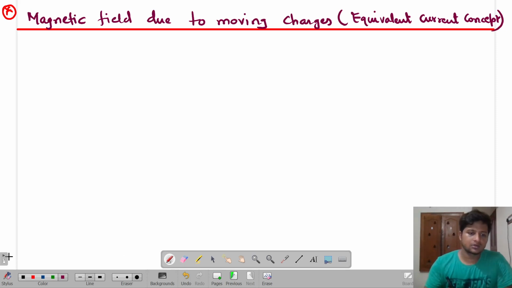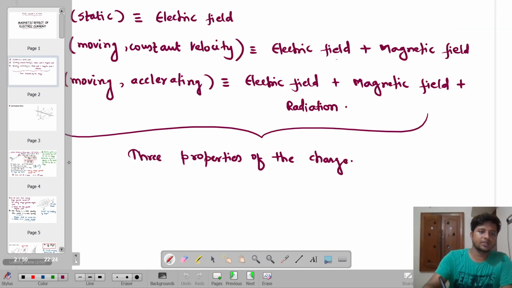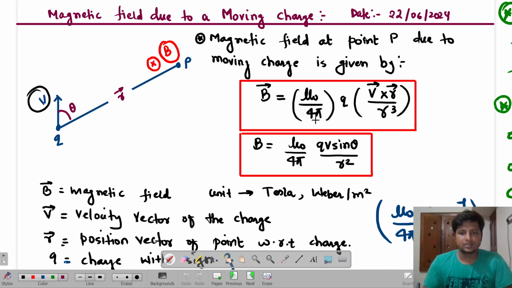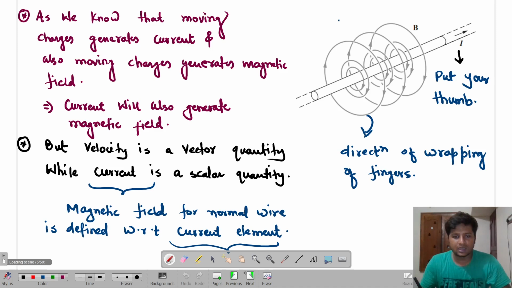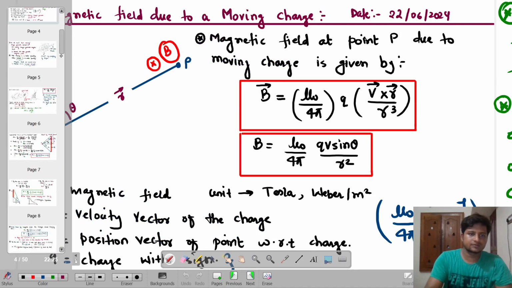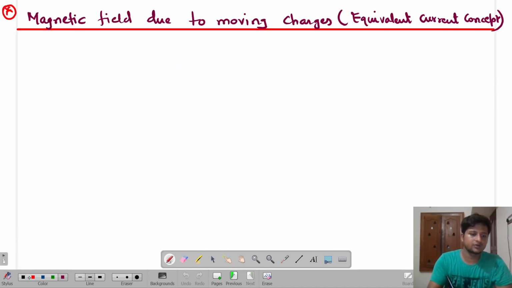So earlier in the first class, we talked something related to movement of charges, like how the movement of charges generates the magnetic field. We talked quite about that, and it was given as B = mu naught by 4 pi q v sin theta by r square, isn't it? We are going to pick up all of those and understand how to utilize all these things.